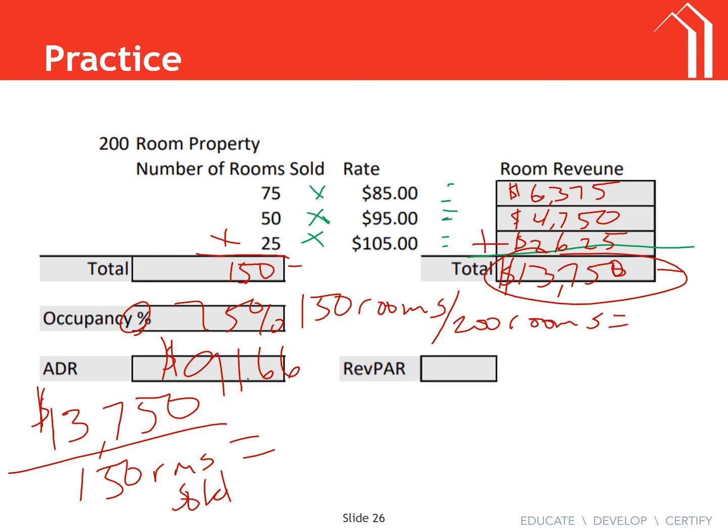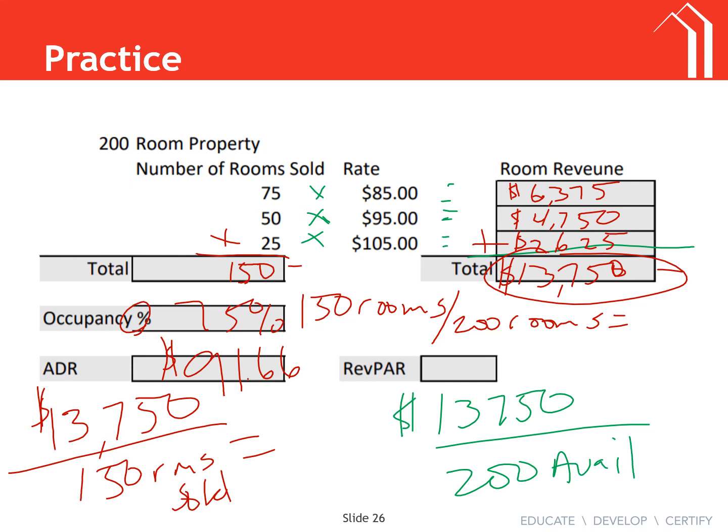Okay. RevPAR. I'll do this one in green so it stands out a little bit different. We use the same revenue number, but in this case, we have to look at our total available rooms. So now what is our RevPAR? $68.75.